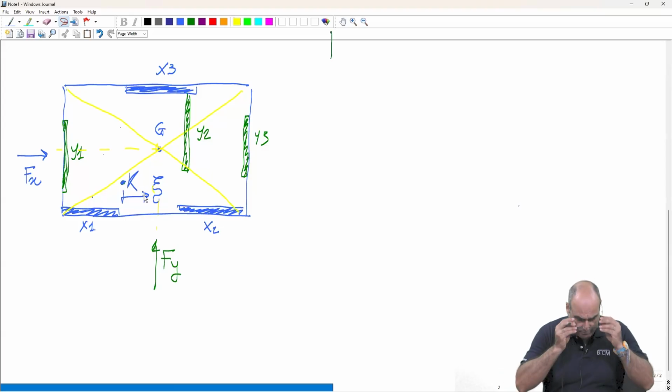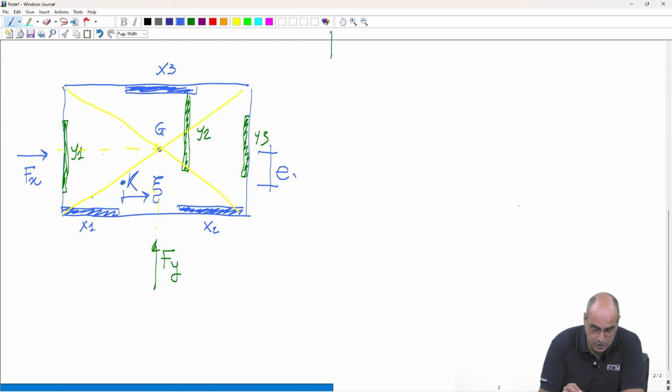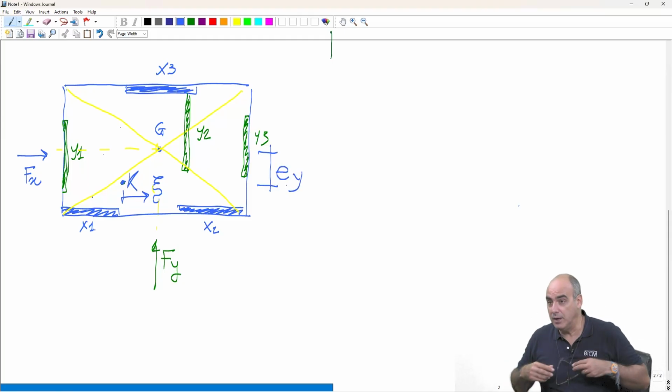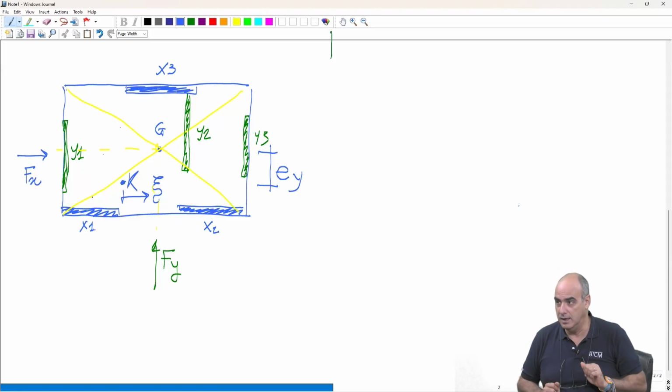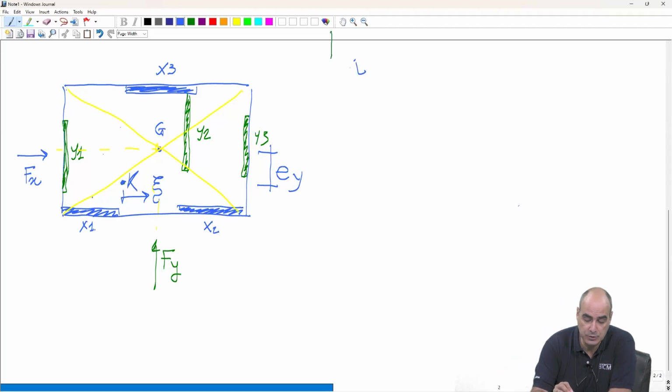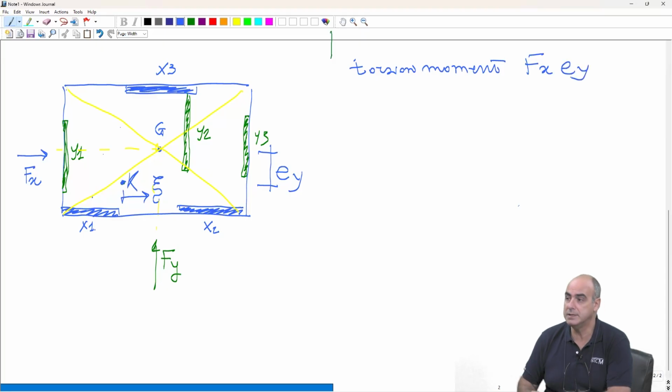So what the system is doing is that it reacts around this point here. So this force Fx here, with respect to this point, has an eccentricity, which is Ey, because the force along the x direction has a lever arm along the y-axis. So there is also a torsion moment, which is Fx times Ey.